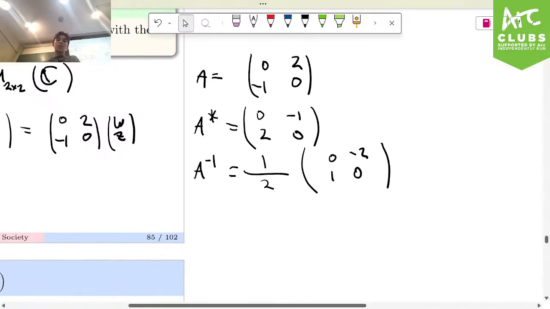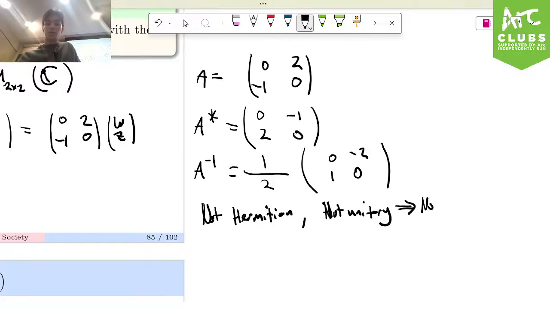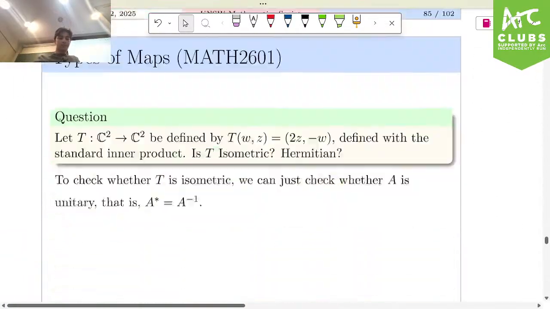And from this we can see that A does not equal A star, so it's not Hermitian. And A star does not equal the inverse of A, so it's not unitary, which implies that it's not isometric. All done.